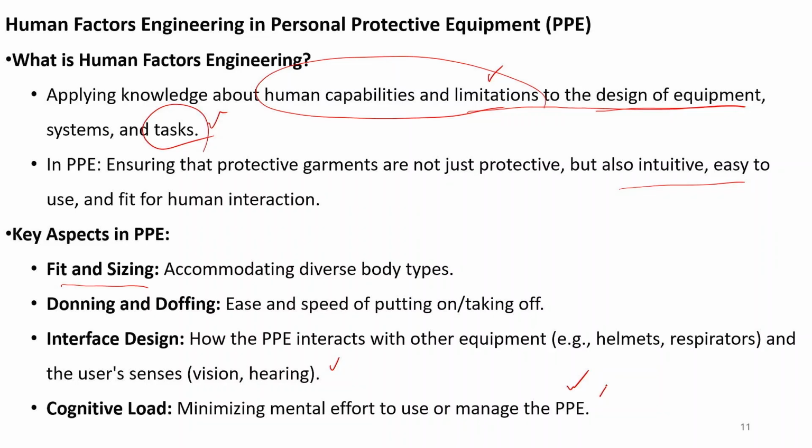After wearing the PPE, the person should not have to think about how much protection level it gives. Psychologically the person should be comfortable. So, the proper test standard the person should know, so that the psychological load is reduced.